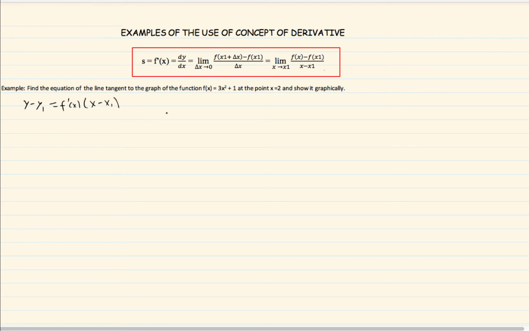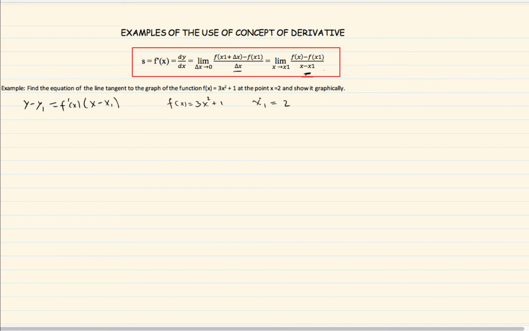As we've been saying, the slope was also given by f dash of x, which was the rate of change of a function with respect to a variable, and then this was the definition, and this is the expression that has a relationship with the definition, and both give the same value. So for us to find this equation, we have forcefully to find this f dash of x. Our function is f of x is equal to 3x squared plus 1, and our x1 is equal to 2.